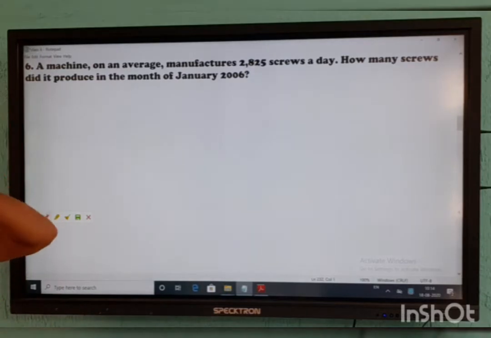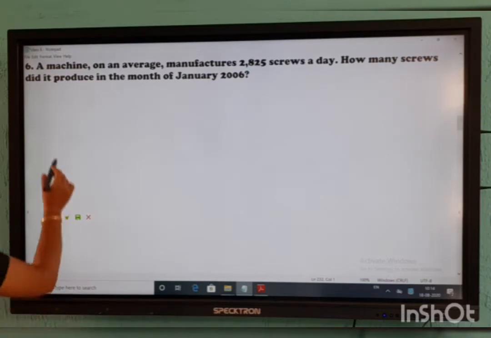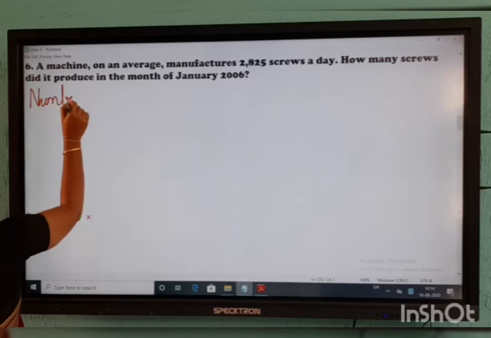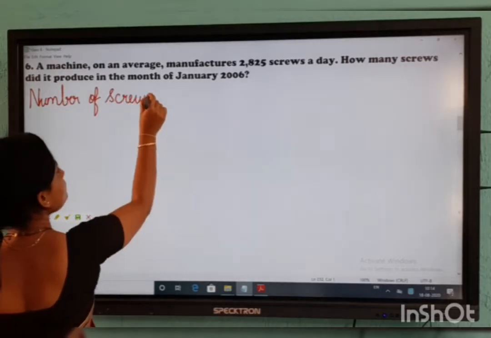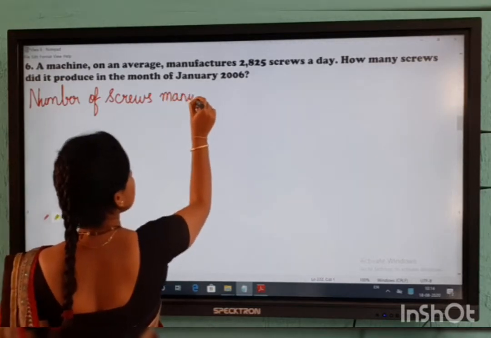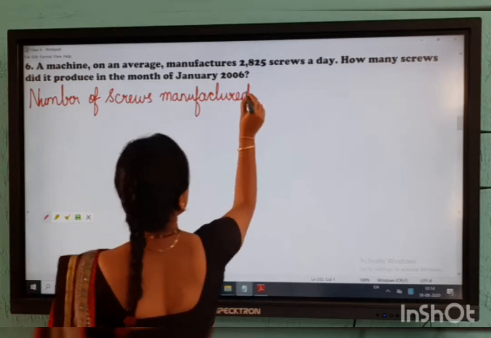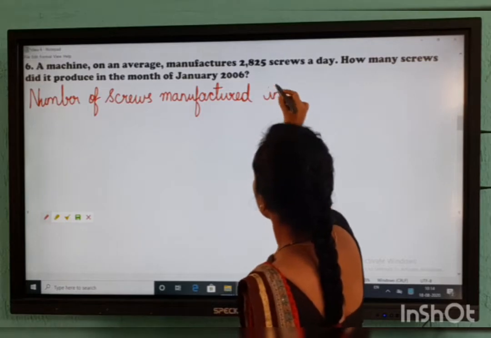So a machine on an average manufactures 2825 screws in a day. So how can I write the statement? Number of screws manufactured in a day.